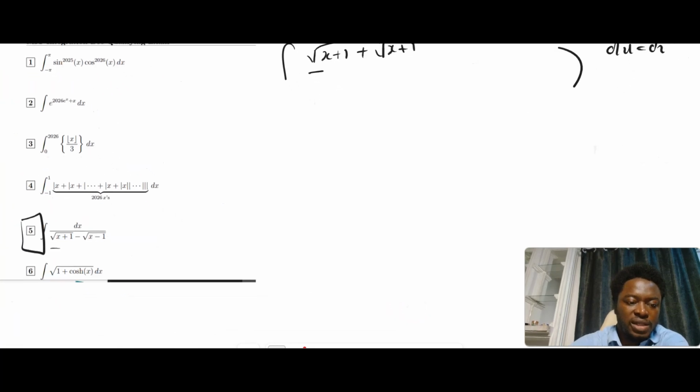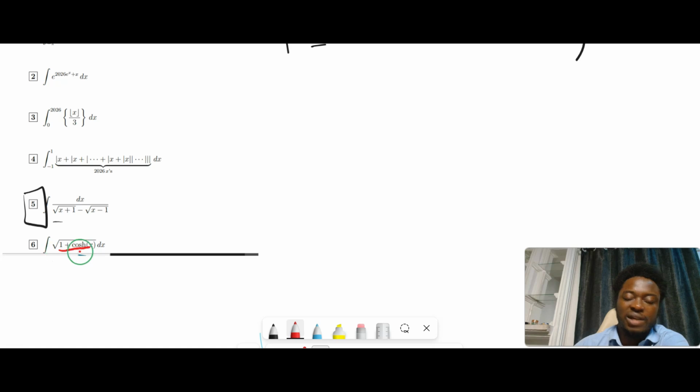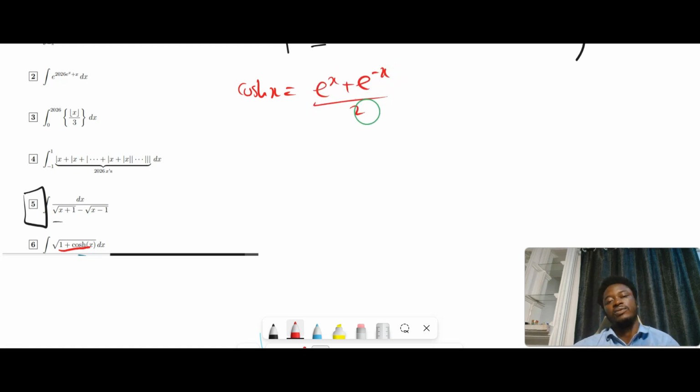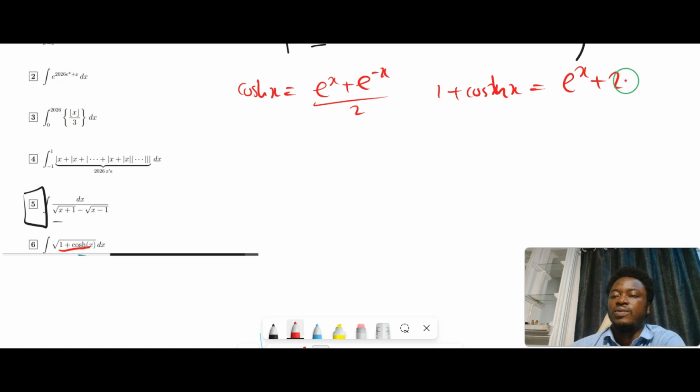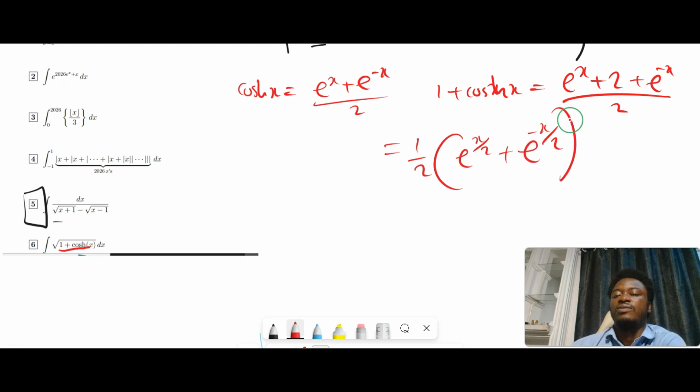Now let's look at number 6. Number 6 here is a bit scary, but can be managed, because I don't really know the identity for this, but I know that cos x is e to the x plus e to the negative x divided by 2. So we know that 1 plus cos x is going to be e to the x plus 2 plus e to the negative x, all divided by 2, which is going to be half of e to the x over 2 plus e to the negative x over 2, squared.